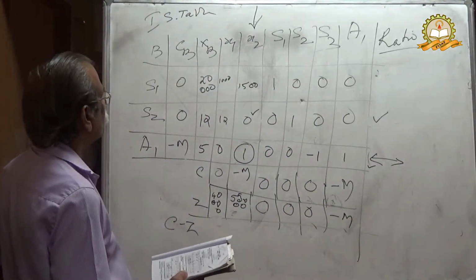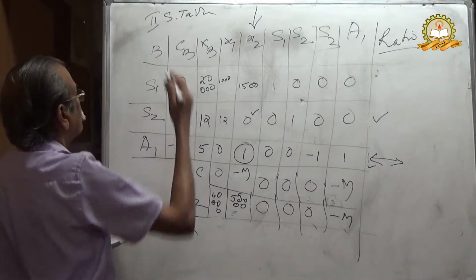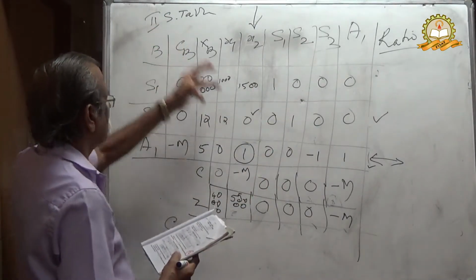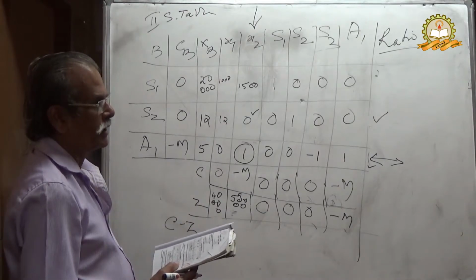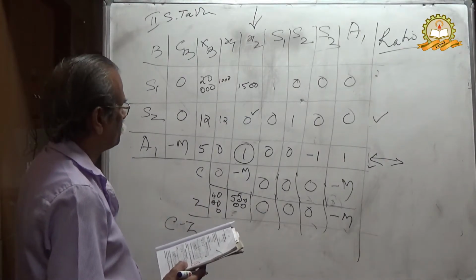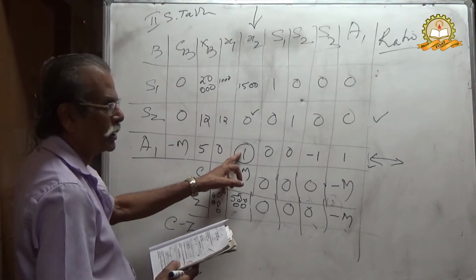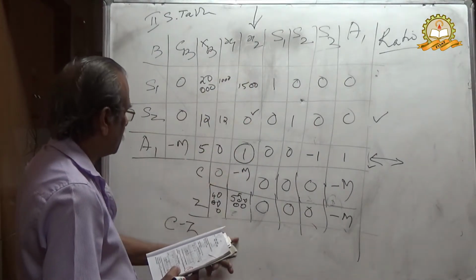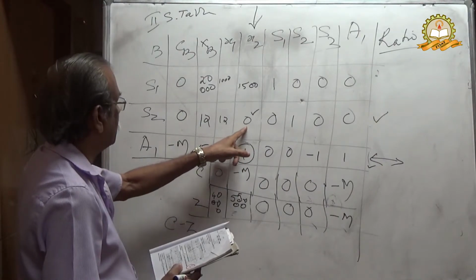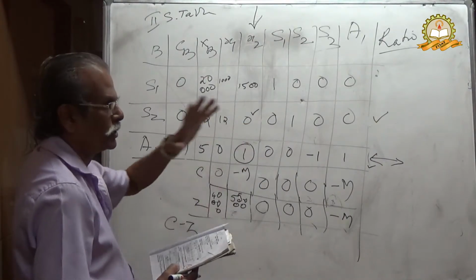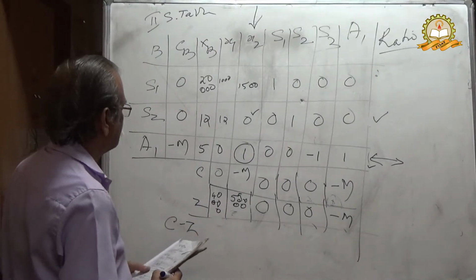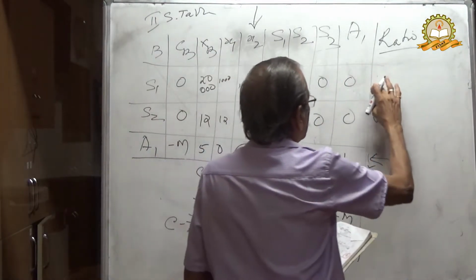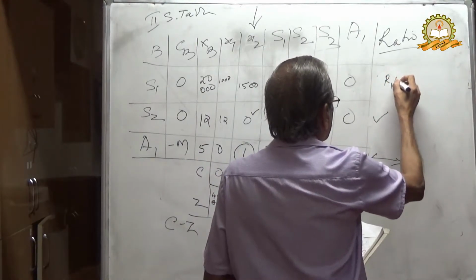Then, this is your second table. You can again construct the second table. Here it is 1, key row, pivot number, key column, above 1 under X2, already 0, no change in that. Then come back to row number 1.